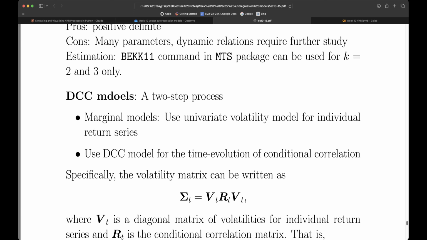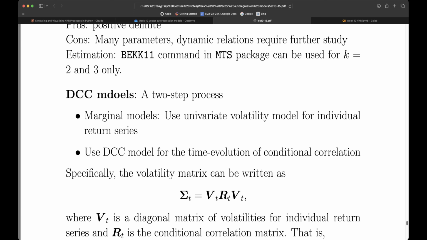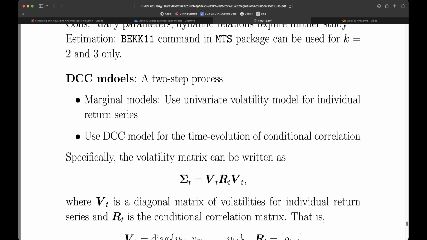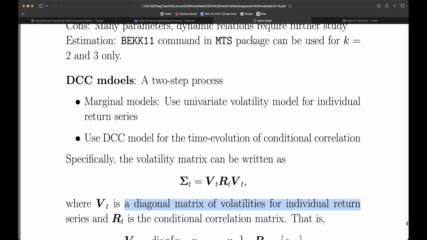Specifically, the volatility matrix can be rewritten as this covariance matrix, with Vt, Rt, Vt. Vt is the diagonal matrix of volatilities for individual returns. We can use GARCH for individual series and fill the diagonal elements of this matrix with that term. Now the only remaining part is Rt, the conditional correlation matrix.